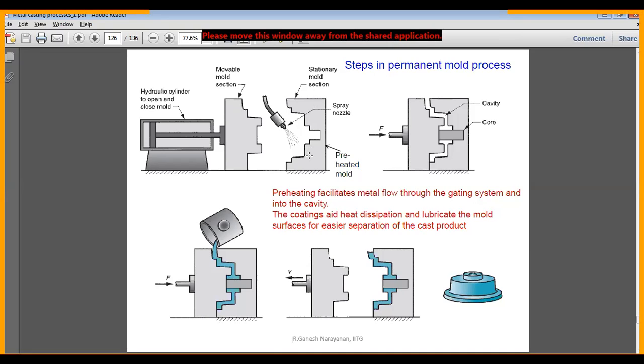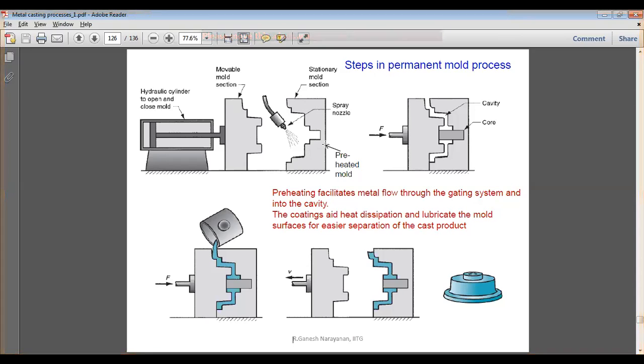Similarly, we have two jaws in permanent mold casting. One is stationary and the other is movable. So every time the fixed jaw remains at its place, whereas the movable jaw is moved.